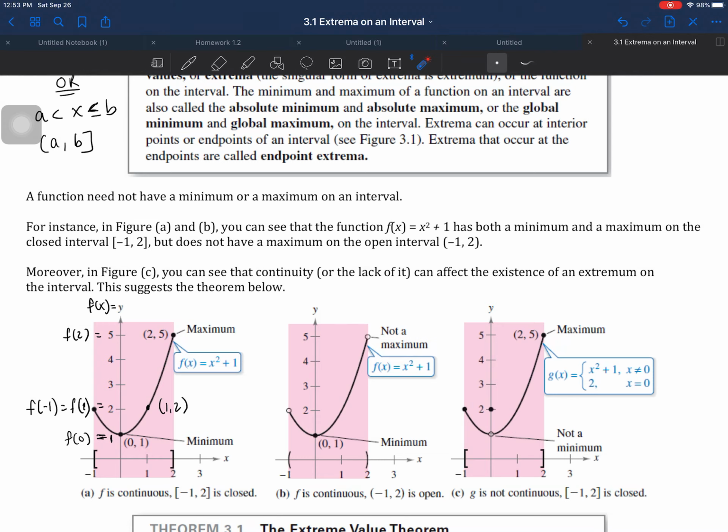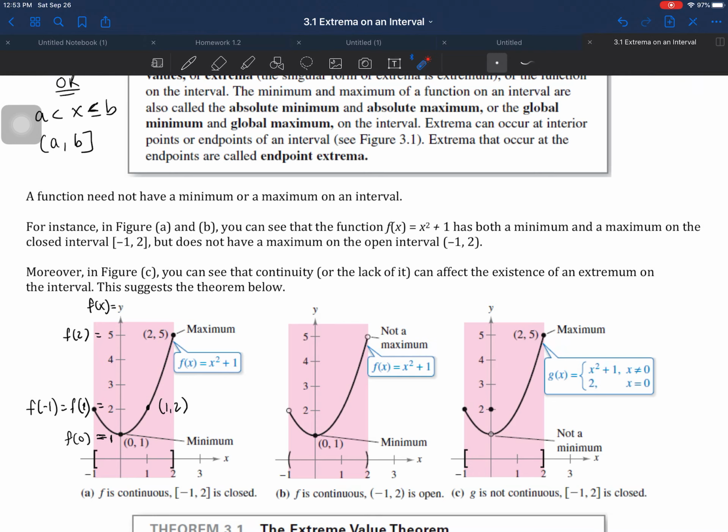Just like in this example, you have a maximum, but if you notice, the values of the function are getting smaller, in other words, the value of y, to the point that it reaches its lowest point on the graph, which happens to be y equals 1.